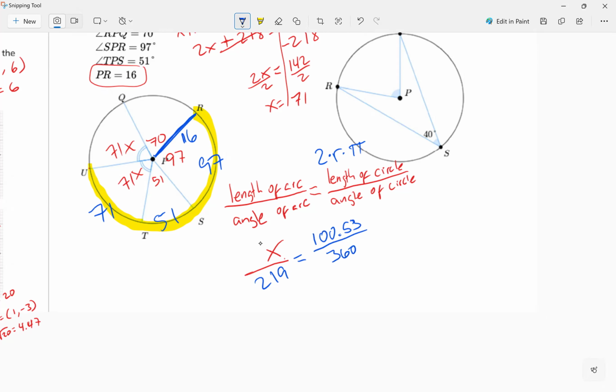Circles are always 360. Cool. Now I can cross multiply to solve for x. 360 times x is 360x. 219 times 100.53 gives me 22,016.07. Let me divide both sides by 360.